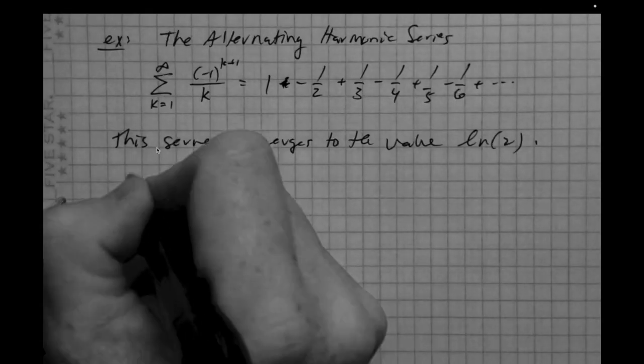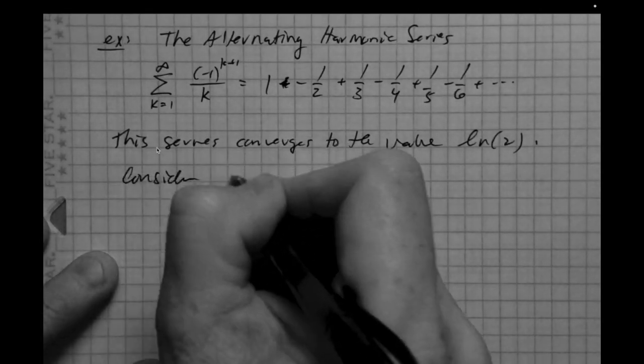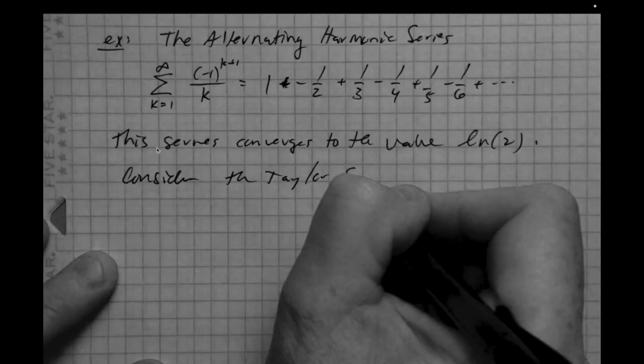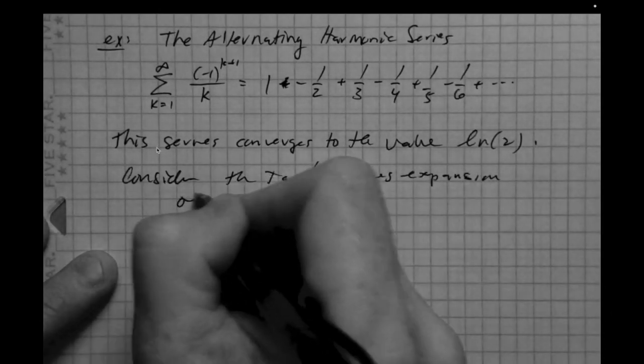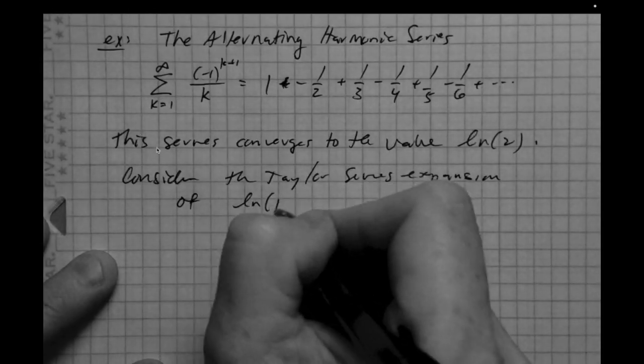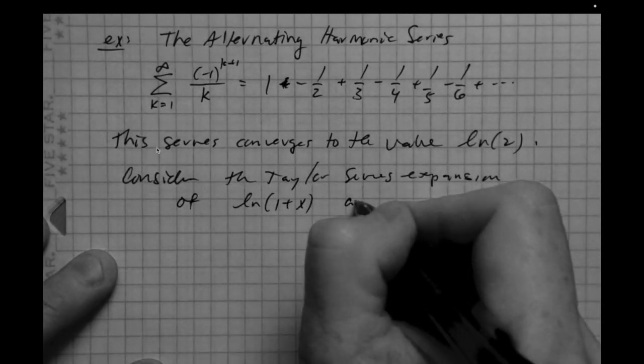So consider the Taylor series expansion of the natural log of 1 plus x, and we're going to do this around 0.